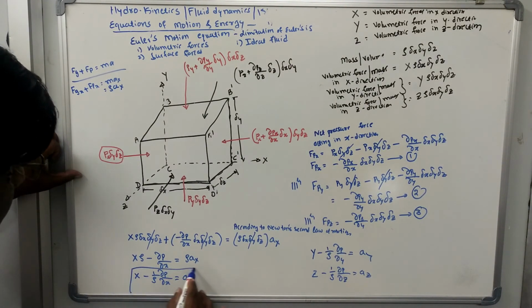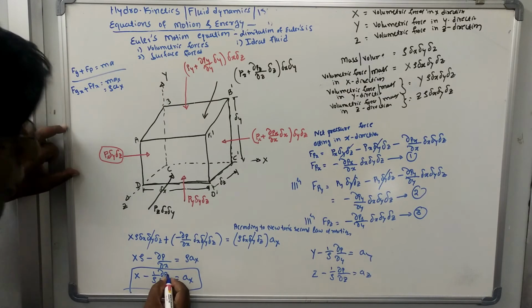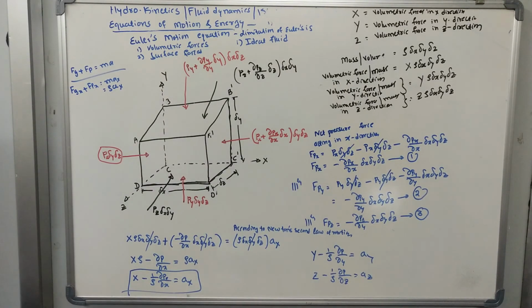That is, X minus 1 by rho ∂p/∂x, Y minus 1 by rho ∂p/∂y. What is ∂p/∂y? It is the pressure variation in the y direction.